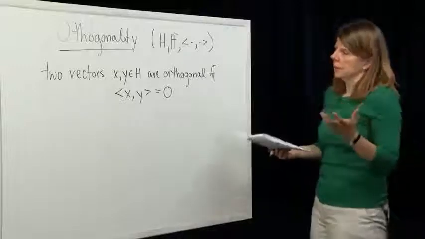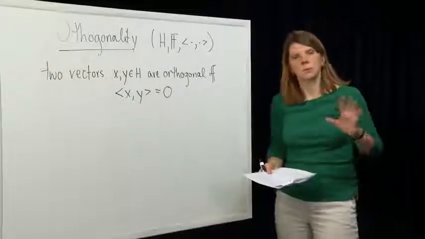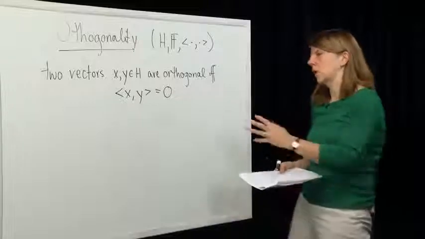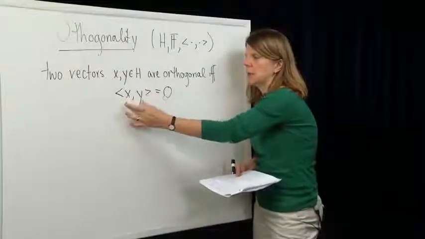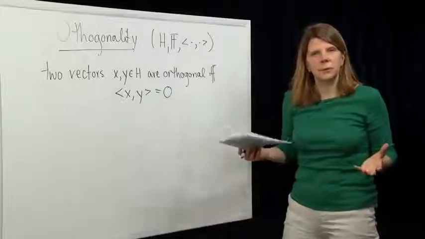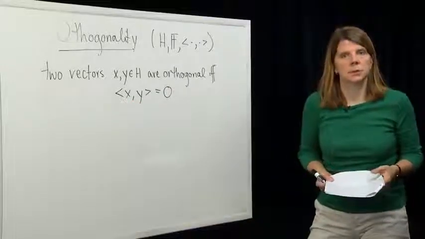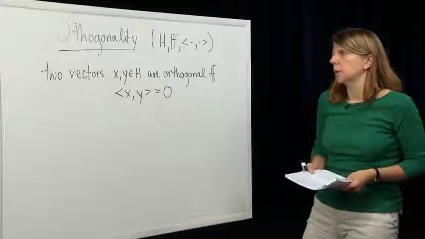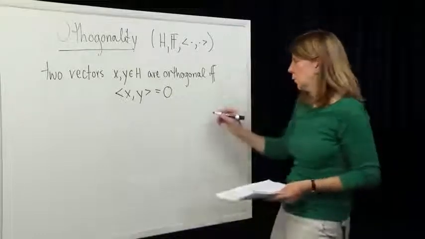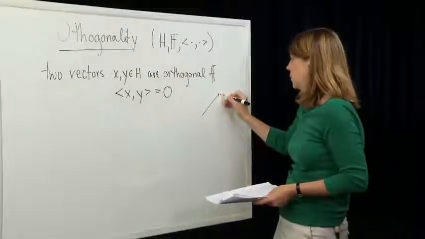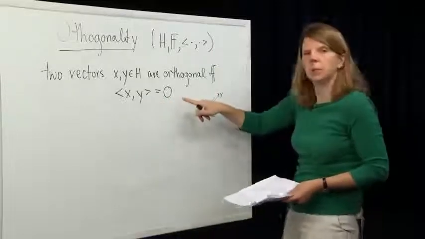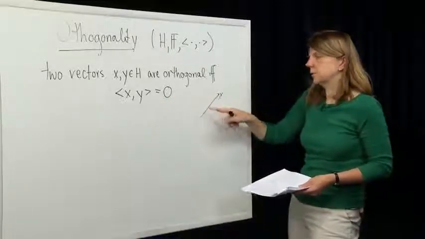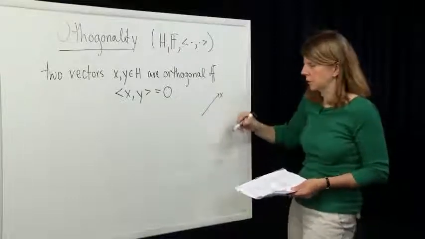Okay, so we talked last module about some examples. In particular, we talked about in Rn or Cn that the standard inner product is simply the dot product between those vectors. So for example, in R2, if this were a vector x, y is orthogonal to x if its inner product is 0. So it's a vector that's going to be perpendicular to the vector x.